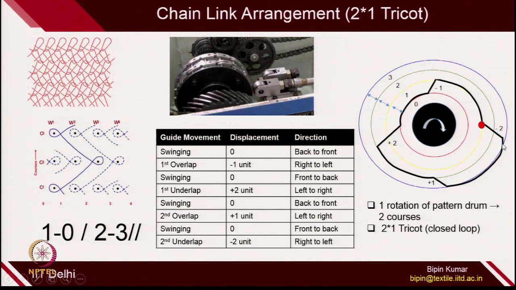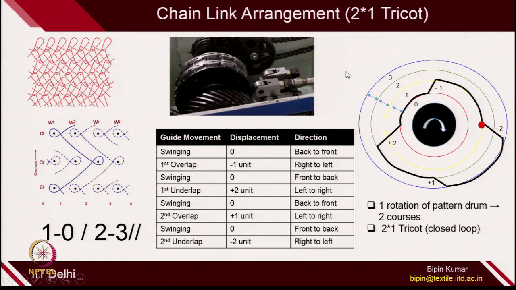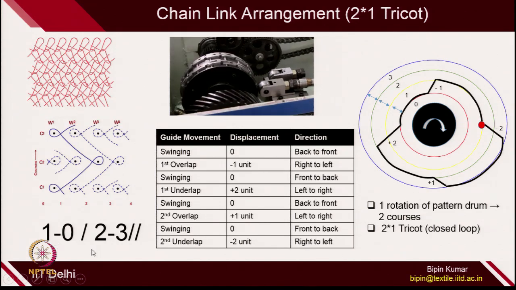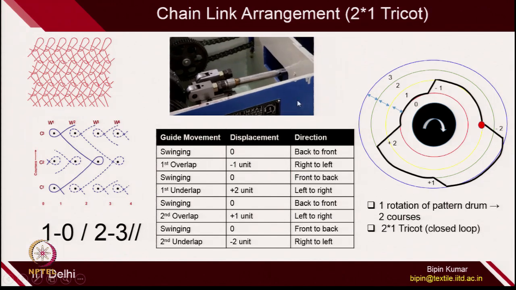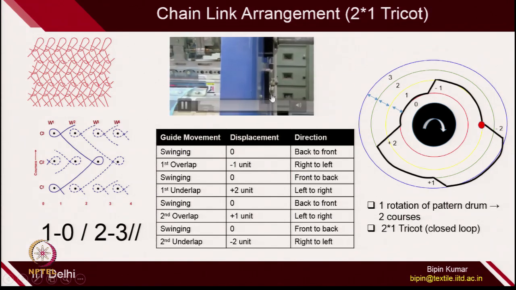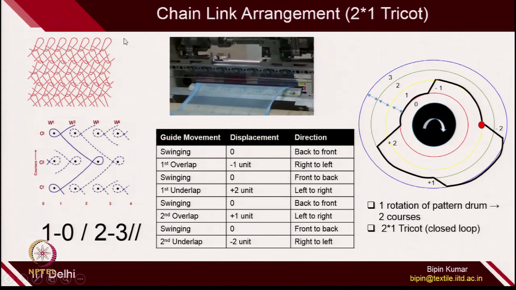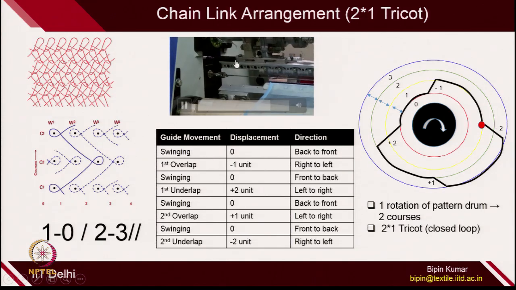Depending on the repeat pattern you put the chain links in that sequence, and the follower will automatically do the sagging movement of the guide bar. Naturally, different structures have different repeat sequences or lapping plans. Once you change this sequence, a different kind of sagging motion results and you get a different type of fabric structure. You can see here the sagging motion happening, and also the swinging motion from the other side.